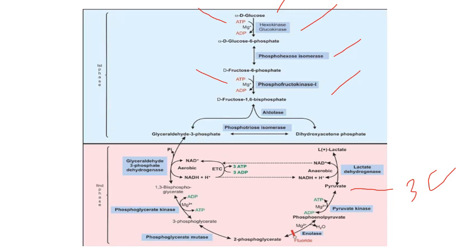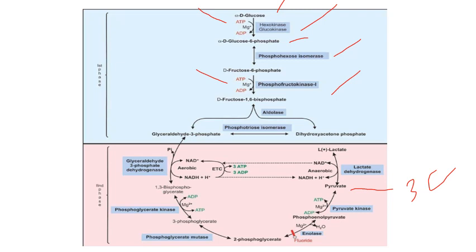So first glucose undergoes phosphorylation with the help of hexokinase or glucokinase enzyme with the hydrolysis of ATP to ADP, and your intermediate is glucose 6-phosphate, and hexokinase and glucokinase require magnesium as the cofactor. Then it undergoes an isomerization reaction with phosphohexose isomerase to form fructose 6-phosphate.